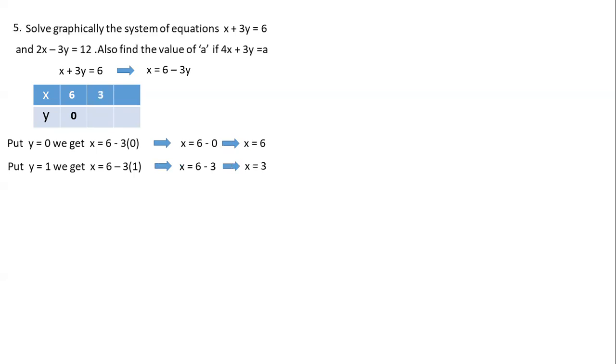So here 3 and this is 1. Next, y is equal to 2. So 6 minus 3 into 2, that is 6 minus 6. X is equal to 0. So let's put it here in our table: 0 and here it is 2. This is the second equation.